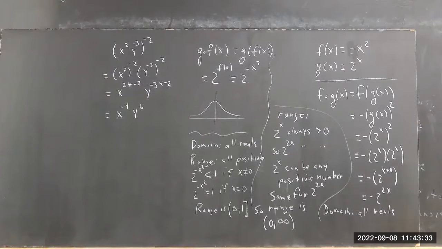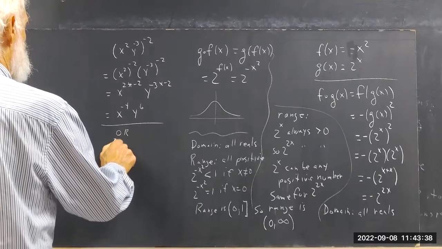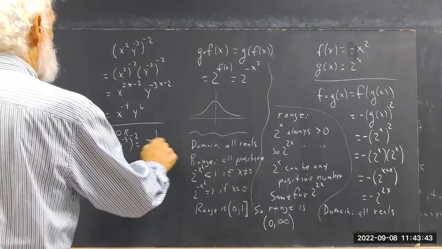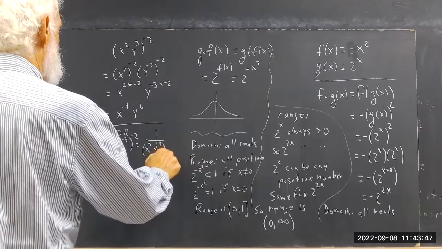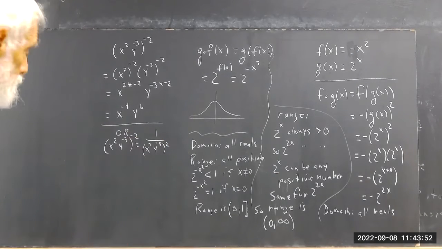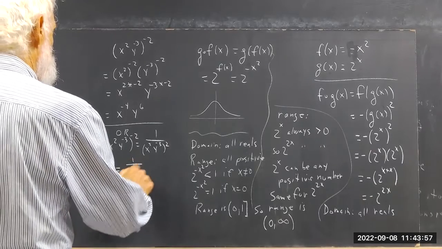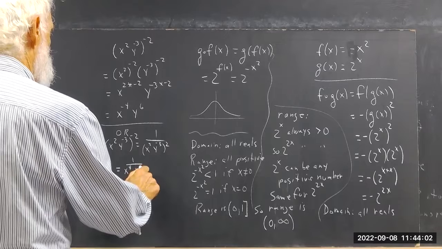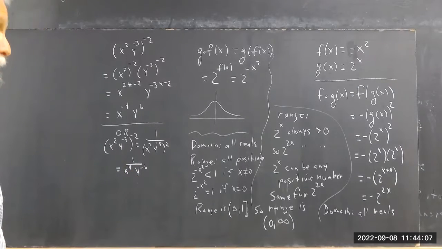There are other ways you could write this out. Using the meaning of the negative exponent, you do the reciprocal with the positive power. It gives you 1 over x to the 4th times y to the negative 6th.